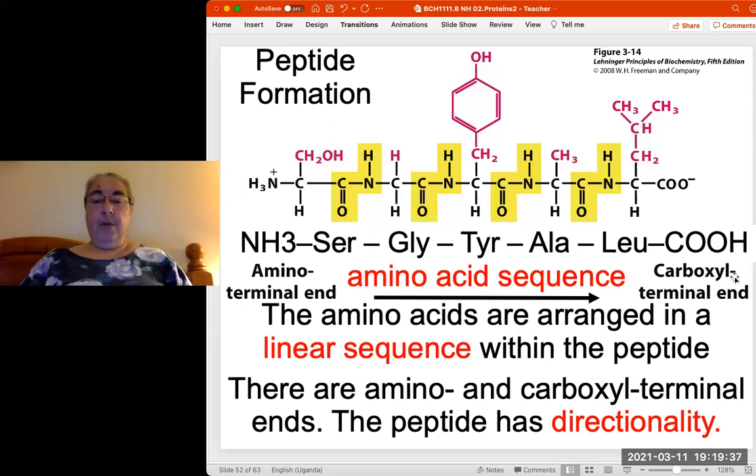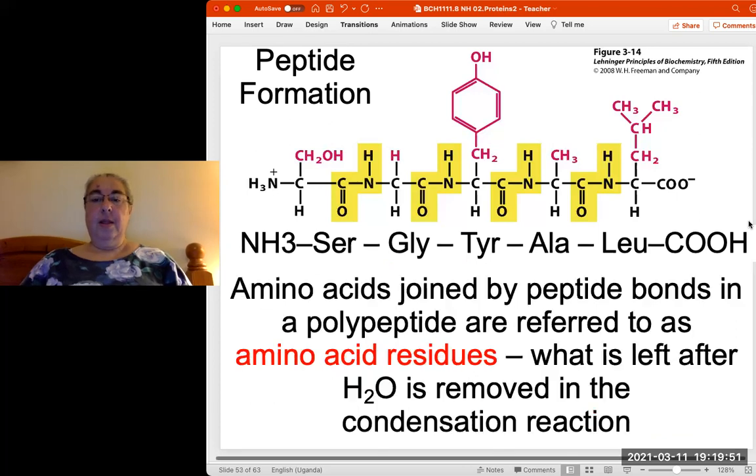So the amino and carboxyl terminal ends are at the two opposite ends of the chain, and a directional sequence of amino acids within that chain. The amino acids are joined by peptide bonds, and water is released, as we have already seen.